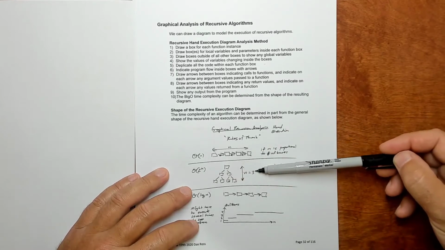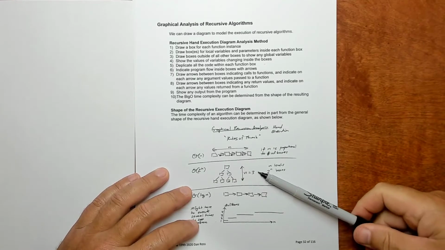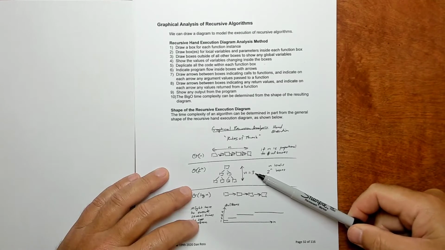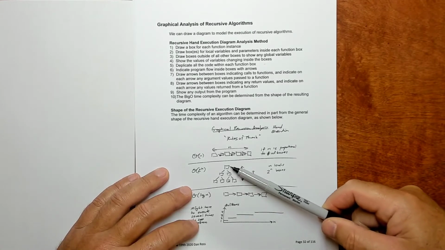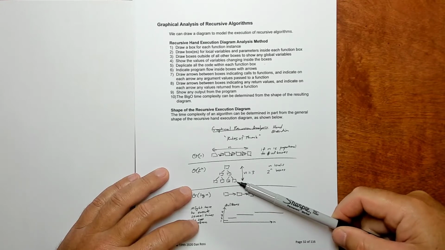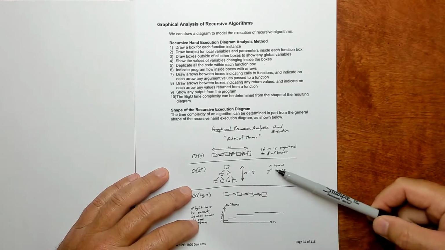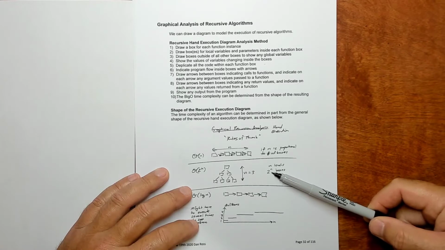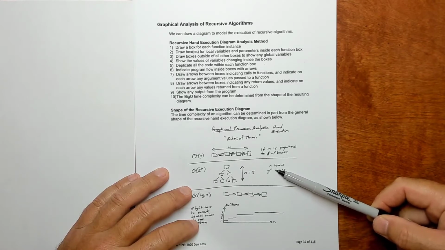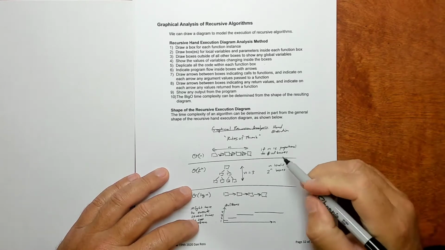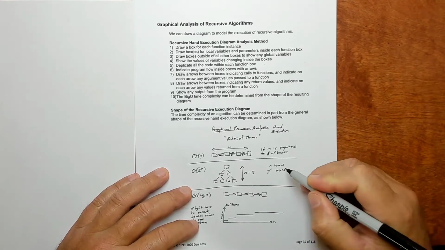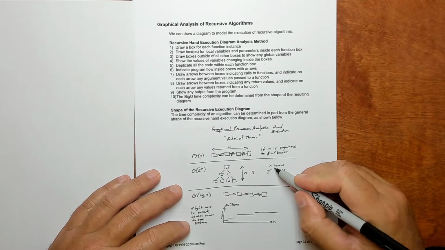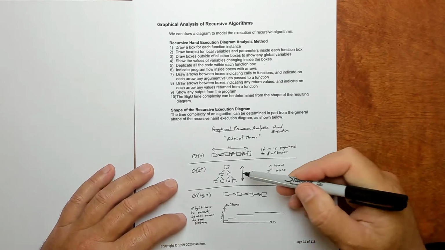In this example, I have a problem size of 3, and I happen to have it doubling every layer, so that works out to 7 boxes. Technically it's 2 to the n minus 1, but we just round it to 2 to the n. For large n anyway, it's practically the same. Okay, that's another shape you'll get.